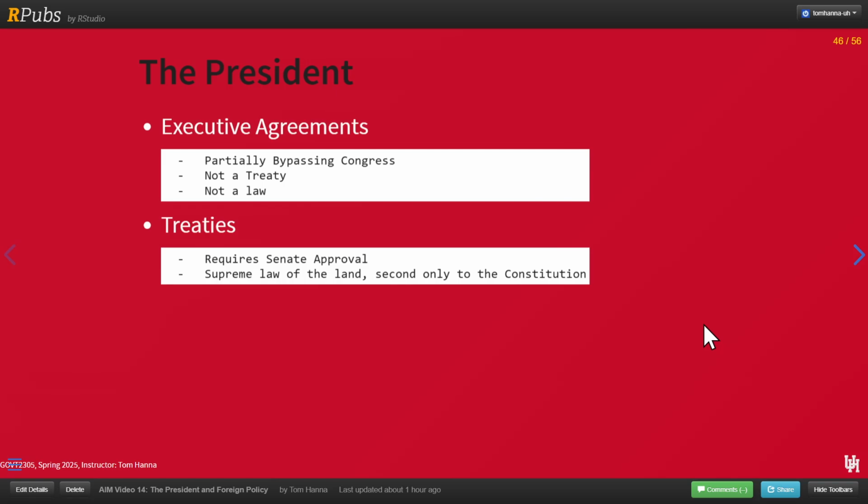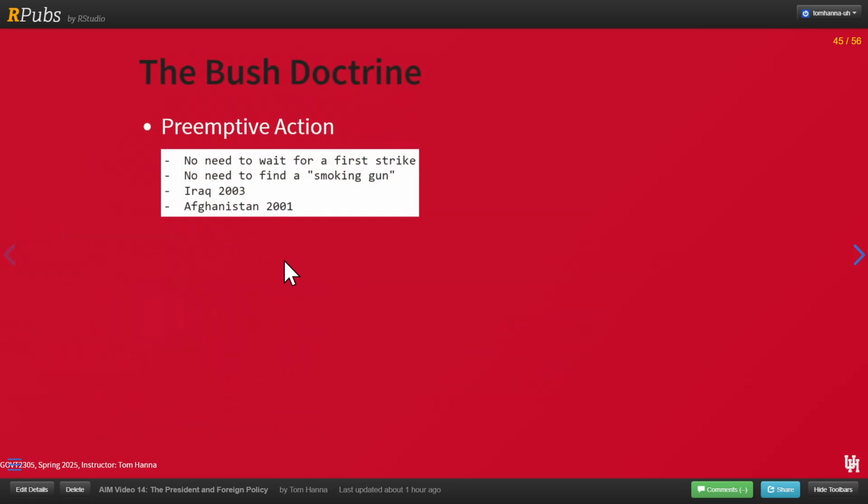So this is an example of the president's role in creating foreign policy. This is the most recent creation of a new, strongly articulated security doctrine, the Bush Doctrine.